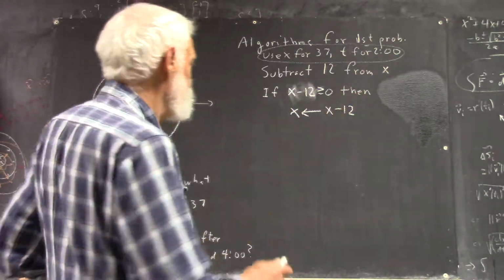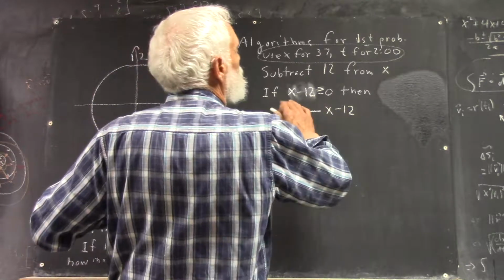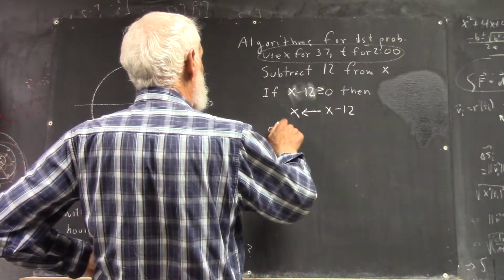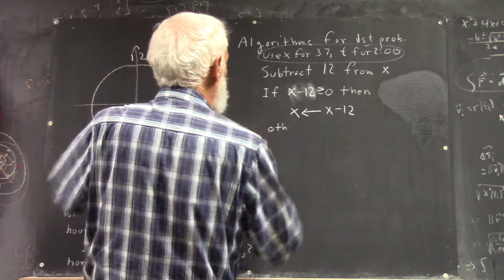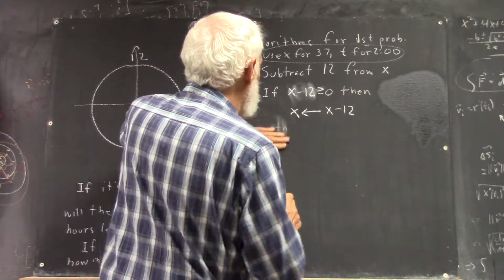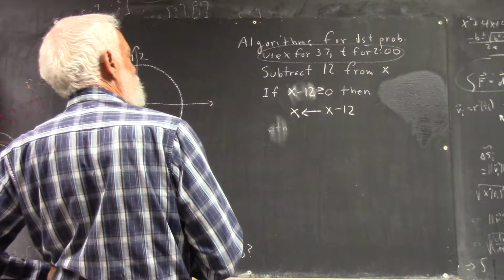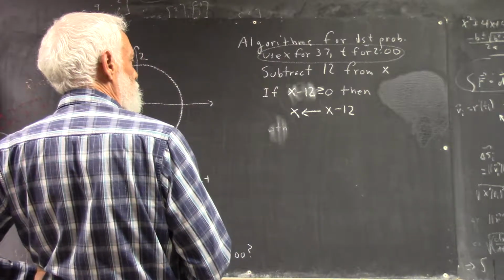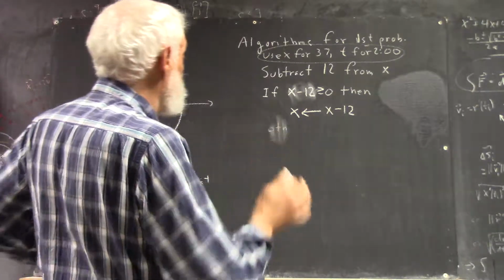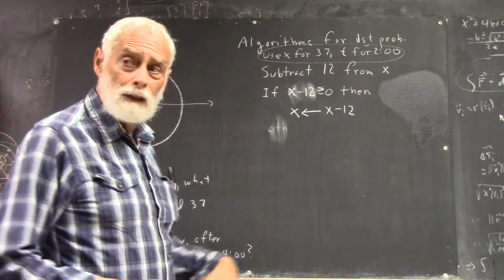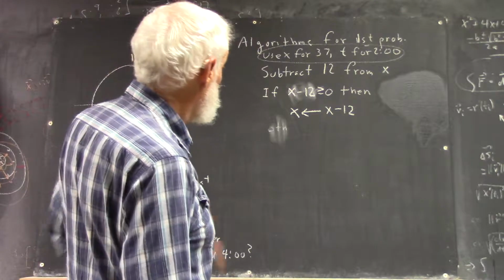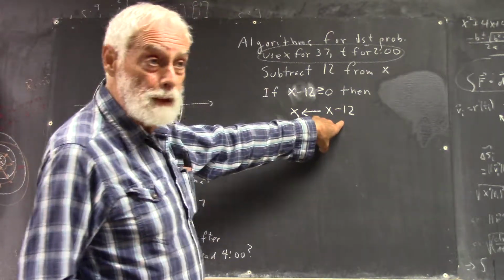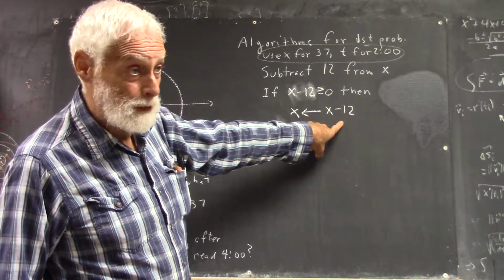You'll see. I'm confused. Okay, if x, okay, otherwise, and I don't like the way this is developing, it's not elegant, but that's okay, because I want to show you an inelegant, less elegant algorithm than a more elegant algorithm, okay? Okay, so x is replaced by x minus 12, okay?